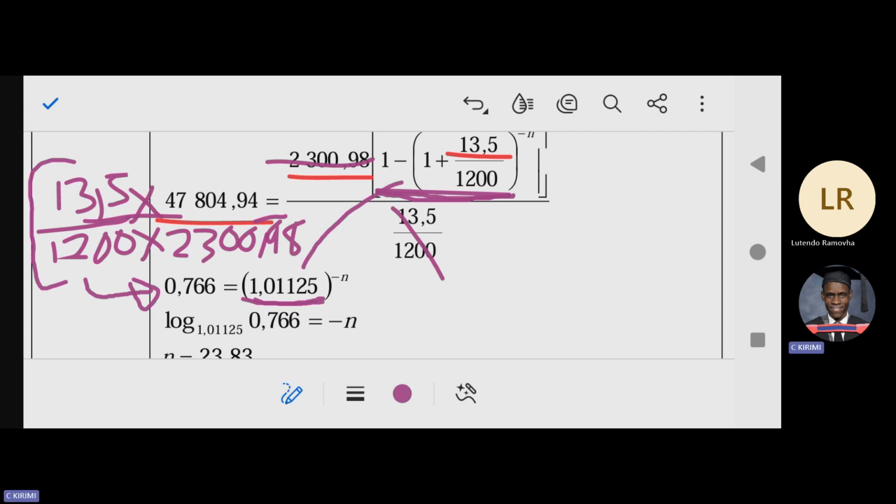Let's verify that. All right, so when you subtract 1, which means that 1 there minus 1, it gives you a negative 0,7776, isn't it?